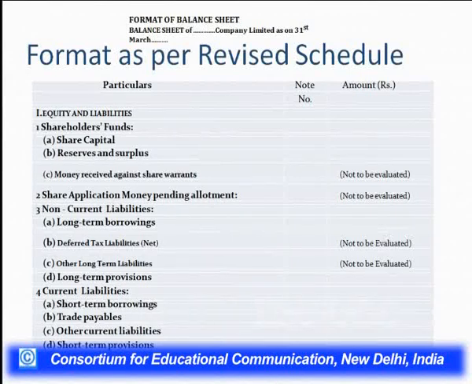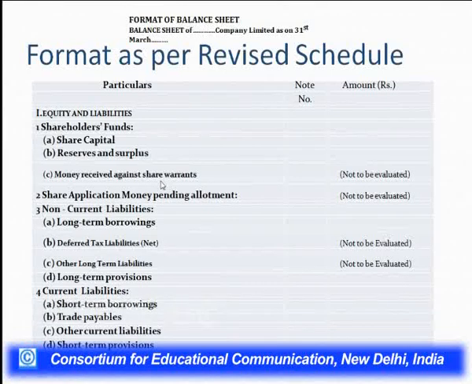So under share capital you may have 2 heads, depending upon which type of share capital you are using. After that we have to show the reserves and surplus. Whatever amount of reserves we have created out of our profits is going to be shown here. We will get into details after a few minutes. Then the money received against any share warrants.